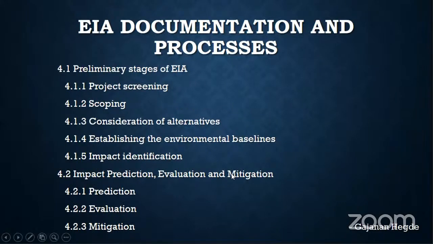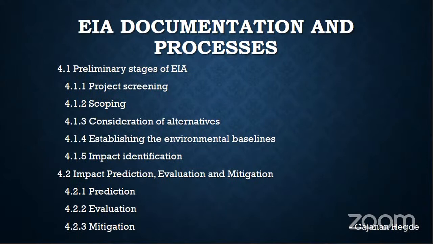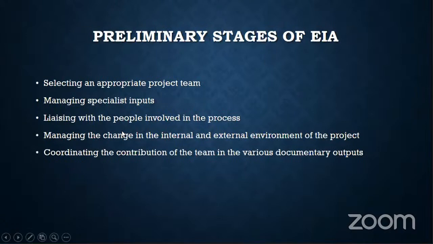After this mitigation, we are now at the stage to take some decisions. So what is the impact on decision? Depending upon all this data we have collected already, we can account for the basic data here in the impact on decisions.